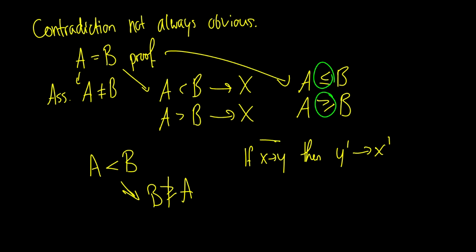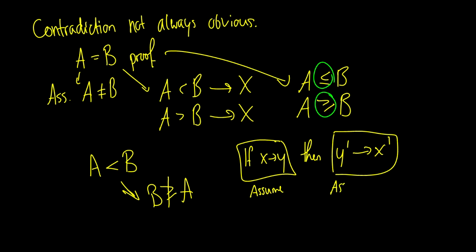Well, you could assume that x arrow y is true, but then you assume not this statement for a contradiction. That is a little bit different, because what you'll find then is a contradiction in your x arrow y assumption. So there's a lot of different ways to do proofs.